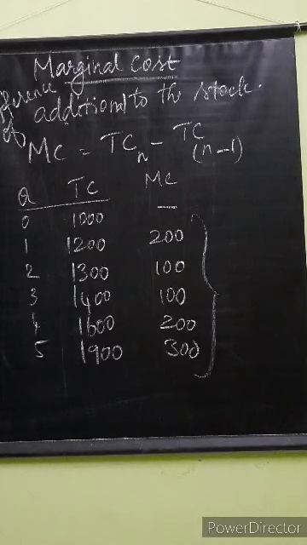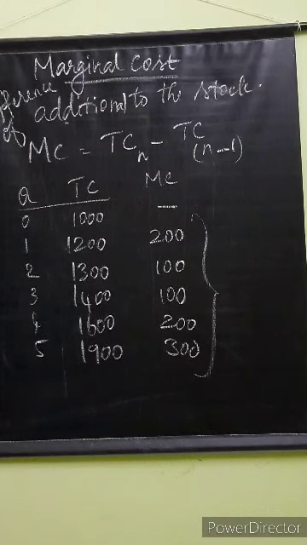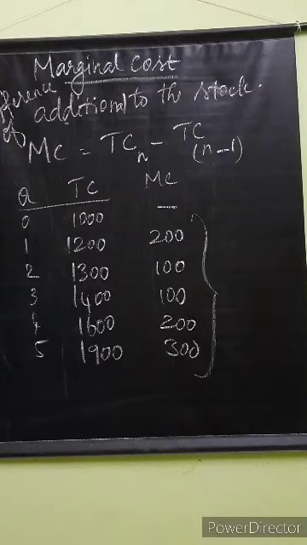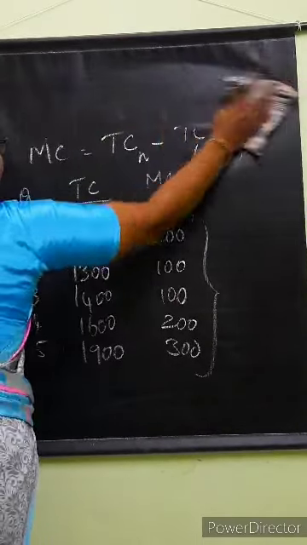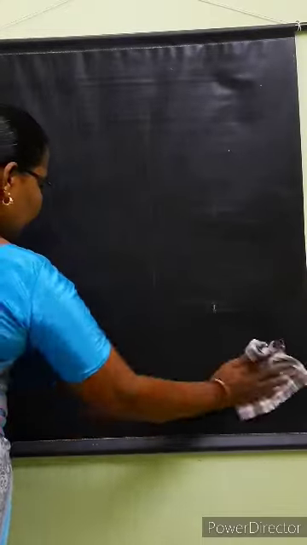So if you draw a curve for the marginal cost, you will get the curve like this. Let me rub it and draw the curve. I will write the tabular column there for your reference.